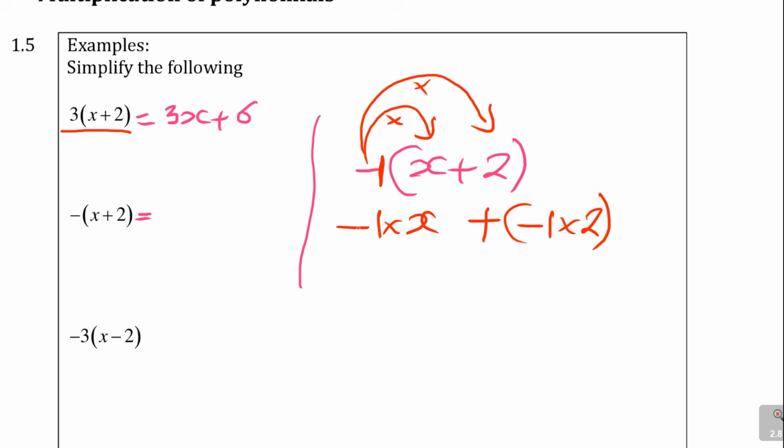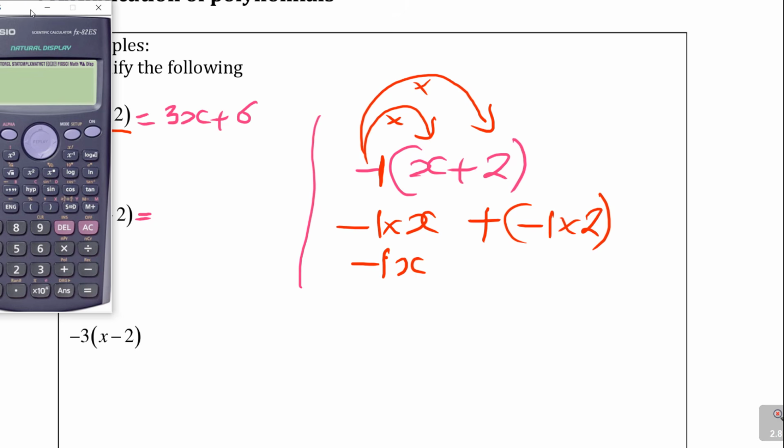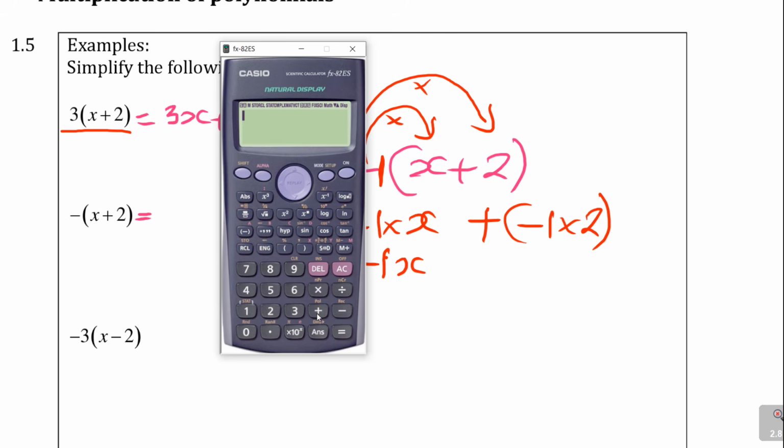So you say minus 1 times x is simply minus 1x, right? Minus 1 times 2, take a calculator. You can use the both signs. Look at this. It's fine for me to say here plus bracket minus 1 times 2. It's correct. Equal to, it will give me the answer negative 2.